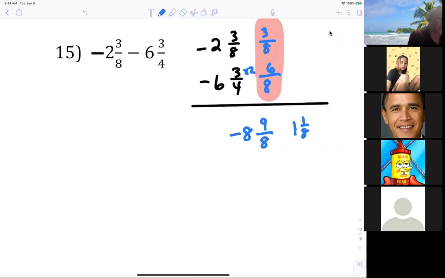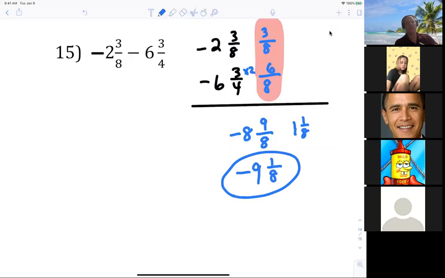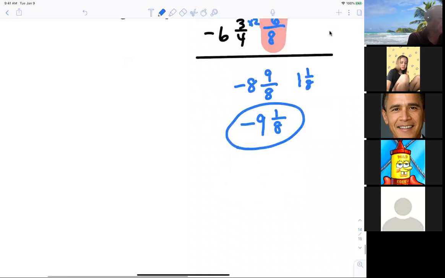So this altogether is -9 and 1/8. Come on now. I'm doing the fractions for probably about 5 or 6 of you. Anybody have any questions? I'm trying to just make sure that you're excellent with fractions. All right, let's move on.